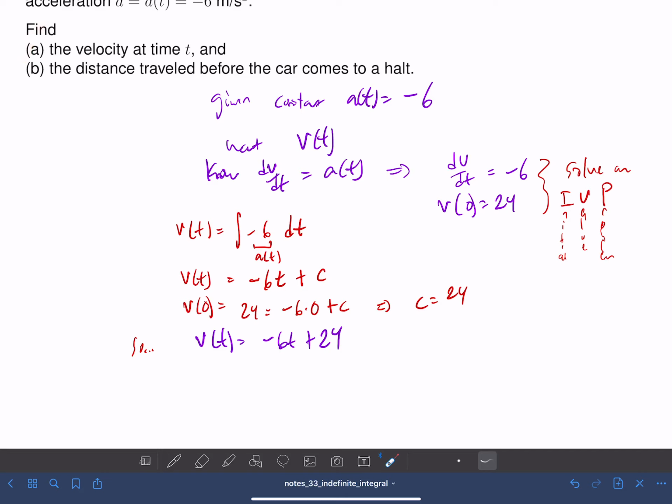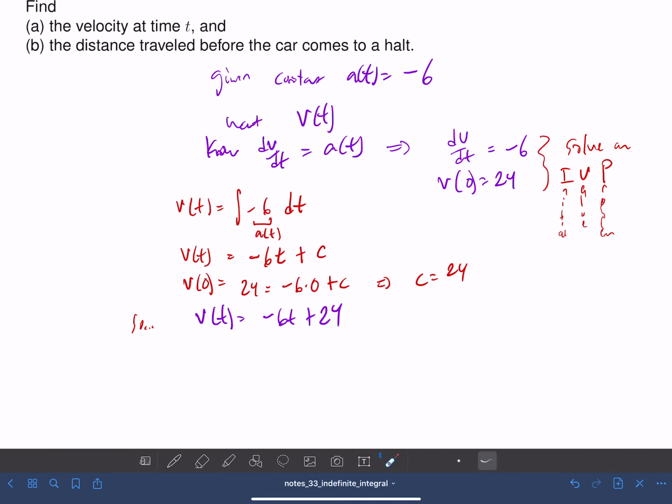Check. Next, we need the distance traveled before the car comes to a halt. Well, the distance traveled before the car comes to a halt is going to come from the position function.